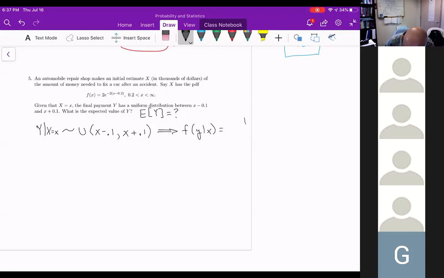Good. So this is 1 over, our b is x plus 0.1 minus our a, x minus 0.1, which when you simplify, the x's cancel out and you've got 1 over 0.2. 0.2 is 1/5, so 1 over 1/5 is 5.